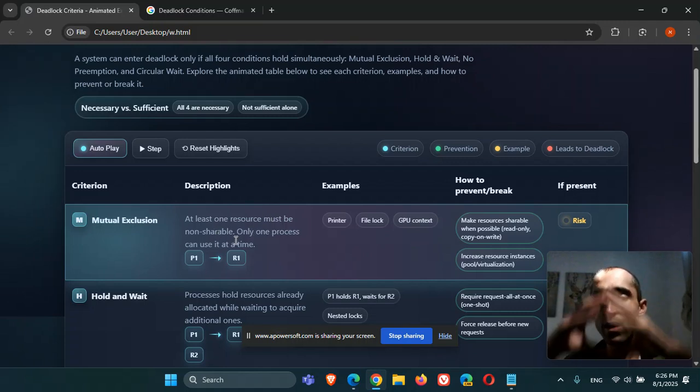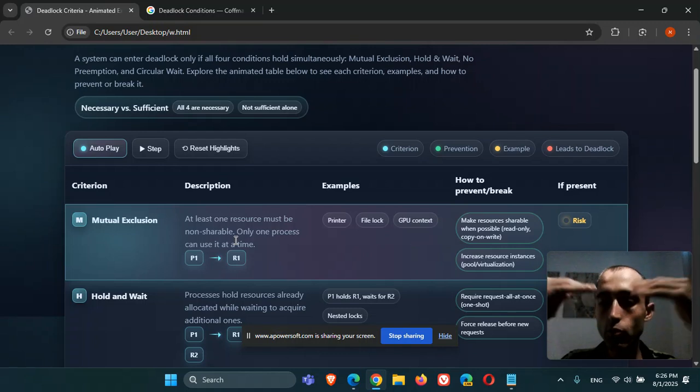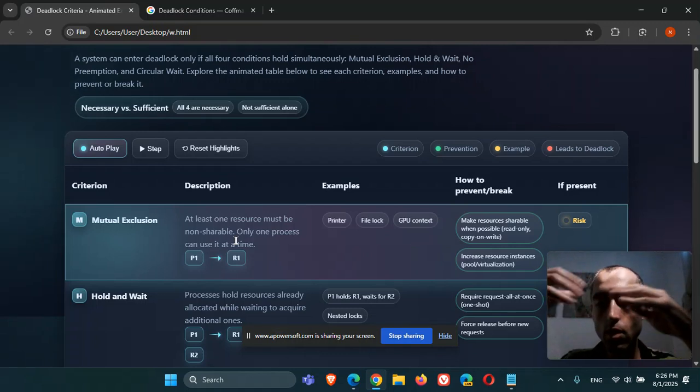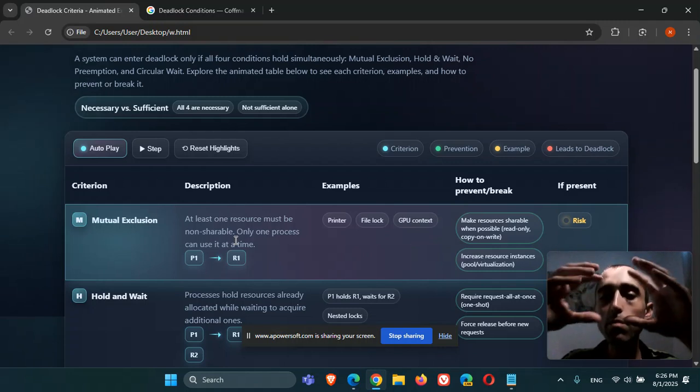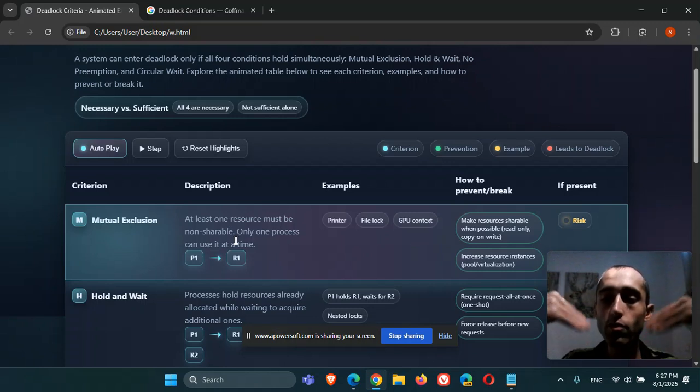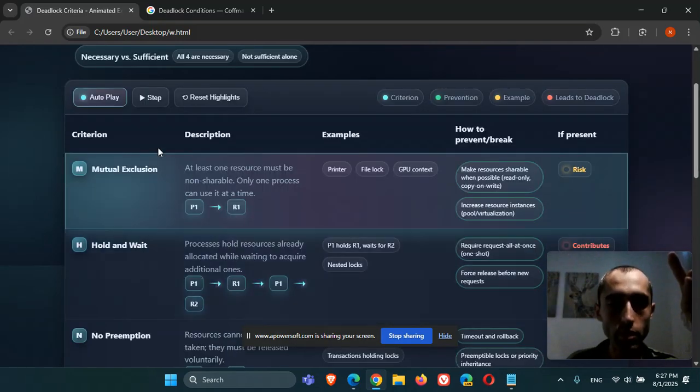If I give a resource to a process, I cannot use this resource for another process as well. Only after the process releases this resource can a different process take and use it. This is mutual exclusion, the first criterion.